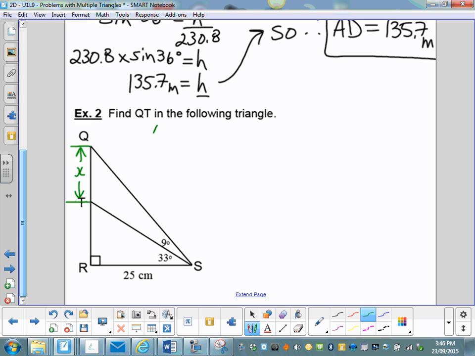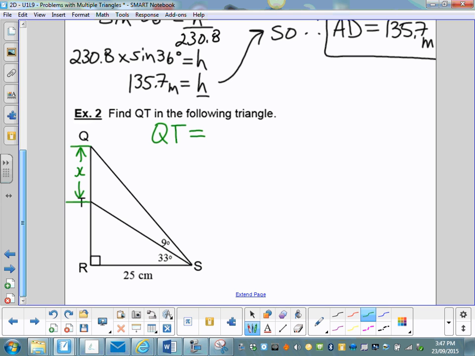It's important to recognize as well that here I've got a lot of triangles. I've got this triangle at the top, which is QTS. I've got this triangle at the bottom, that is TRS. And I've got the big triangle, which is QRS as well.